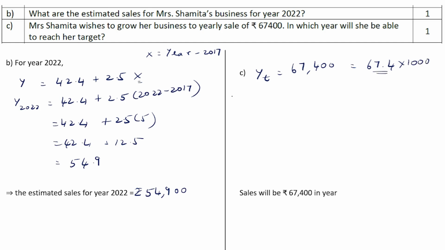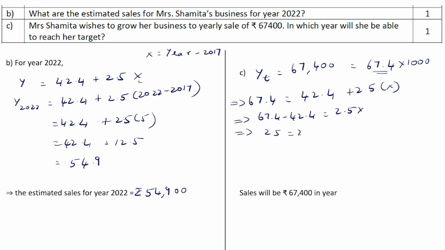So as a result, we have 67.4 equal to 42.4 plus 2.5 into x. From this, let us find x. So 67.4 minus 42.4 is equal to 2.5 into x, or 25 equal to 2.5x, or x is equal to 25 by 2.5.